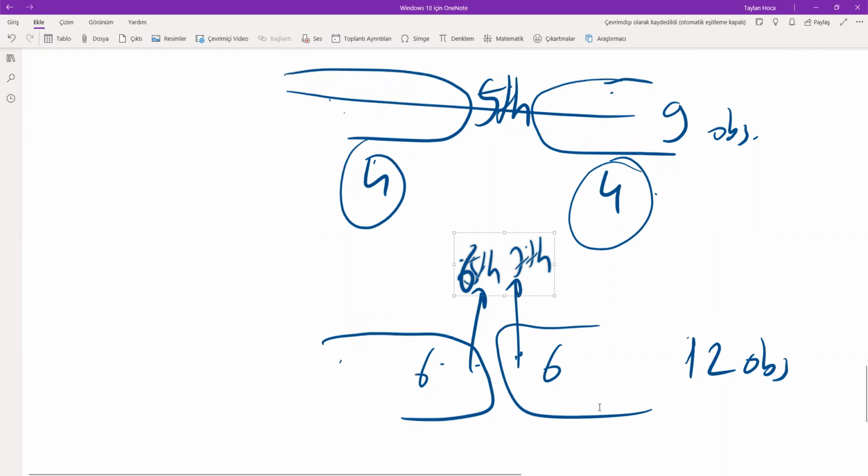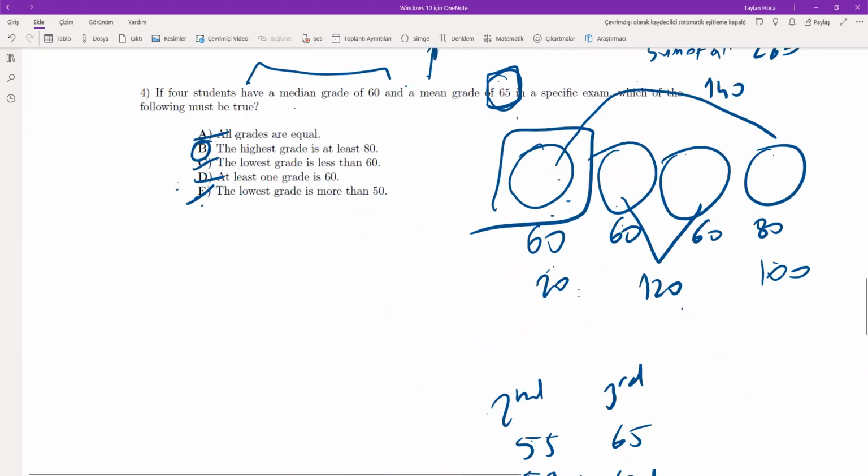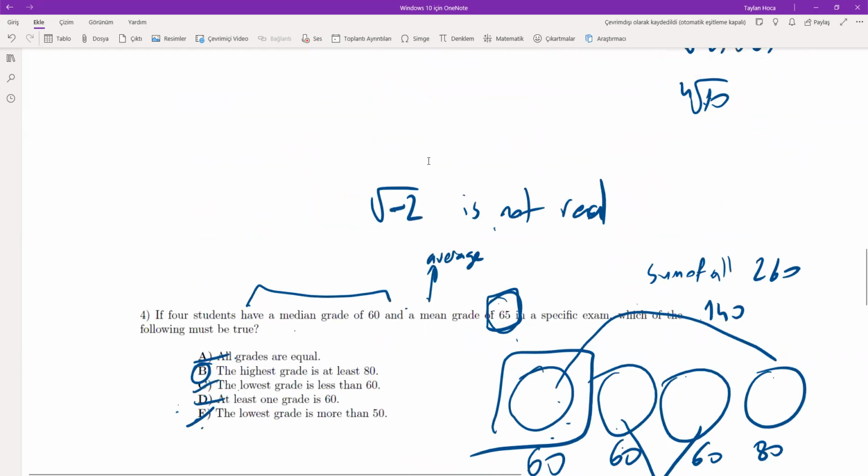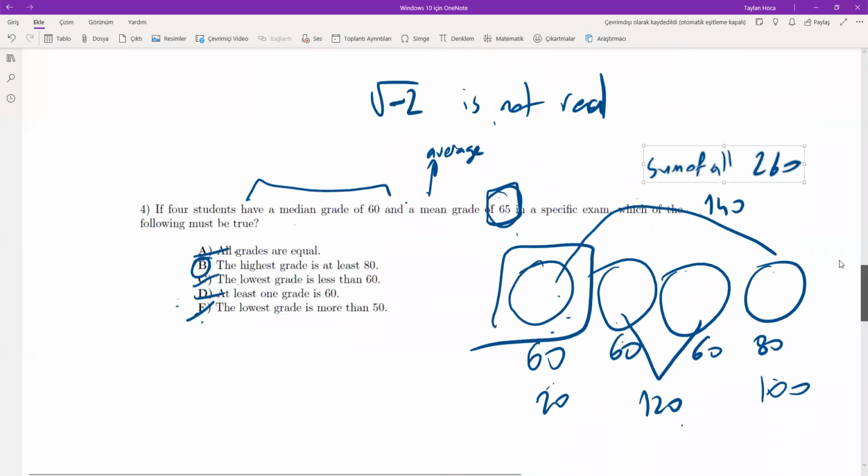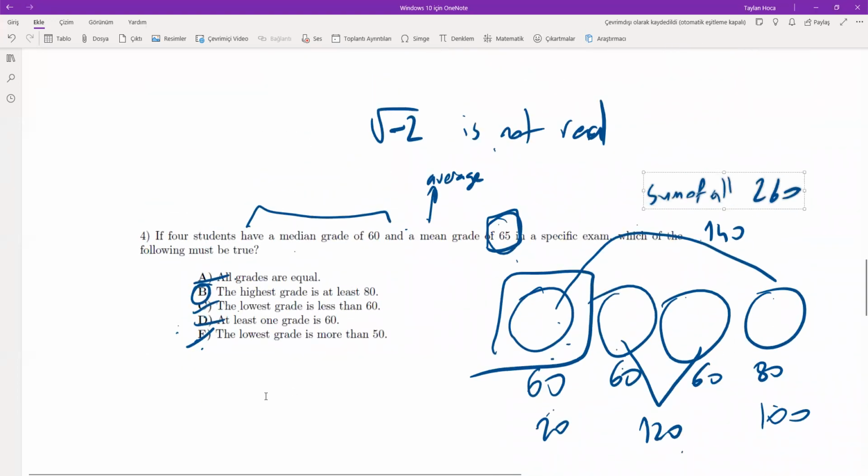Yes. So I understand that the second and third have an average of 60, so their sum is 120. All observations have an average of 65, so their sum is 260, and the minimum and the maximum have a sum of 140 because 260 minus 120 is 140.